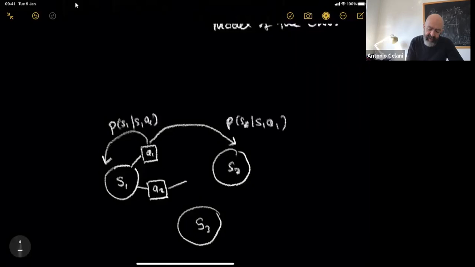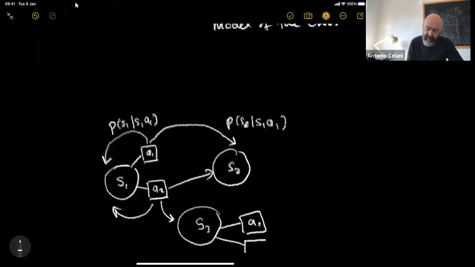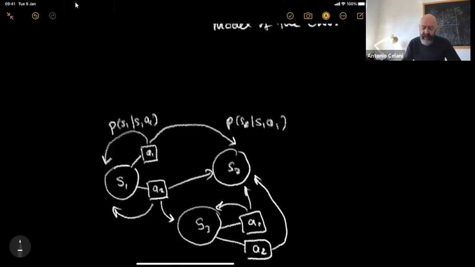You can have several of those. And you can imagine whatever complicated graph with several actions. Here I'm using the same actions. And you can fill in all the quantities that you want. So in these graphs, there might be terminal states.